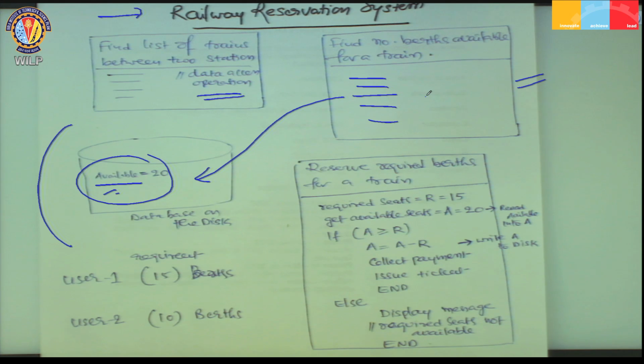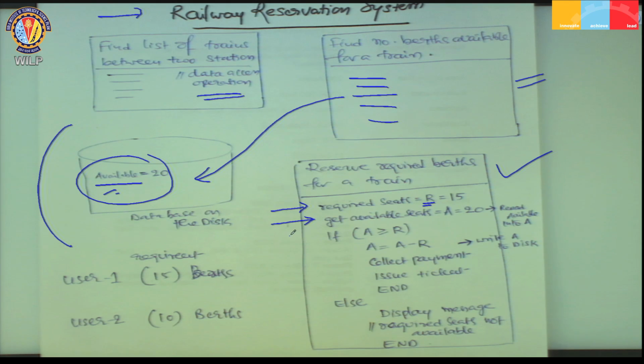Now let us have a look at another important functionality of the railway reservation system: reserve required berths for a given train. First we need to collect the required seats from the user. Let us assume that the local program variable R is going to collect that information.